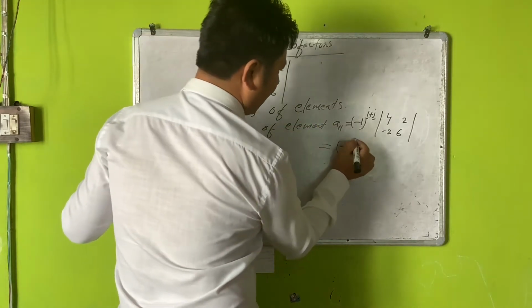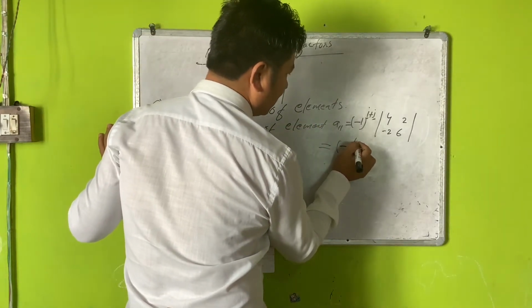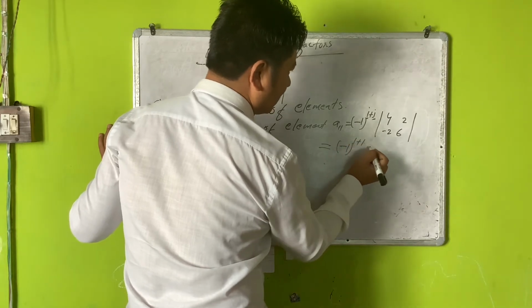For A11, i plus j, row plus column, is 1 plus 1, which is 2.